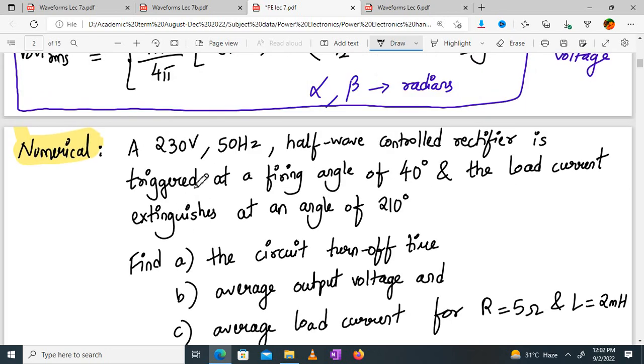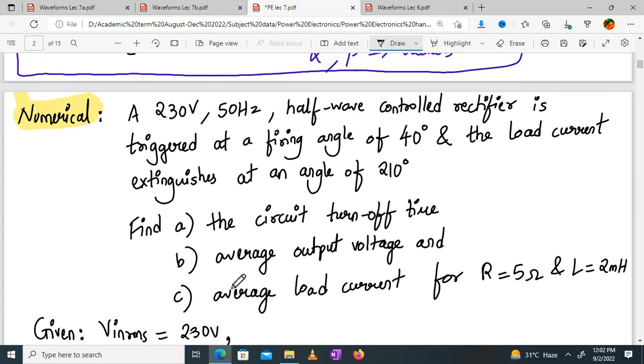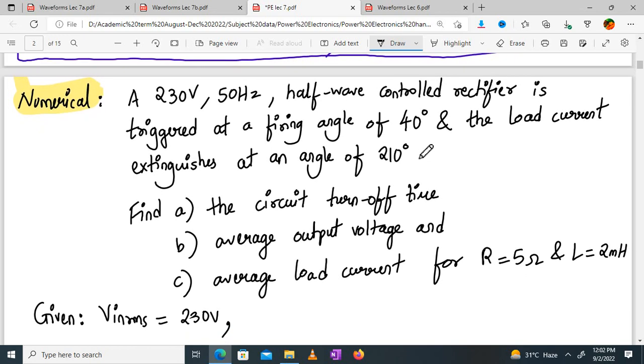So what is 230 volt? V in, but is it RMS or peak value? So V in RMS is 230. What other information is given? Firing angle. Alpha is 40. And the load current extinguishes at an angle of 210. Remember, beta is always between pi and 2 pi, so between 180 to 360. So this is correct.